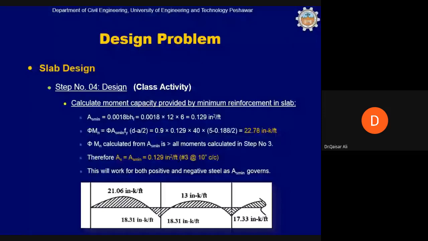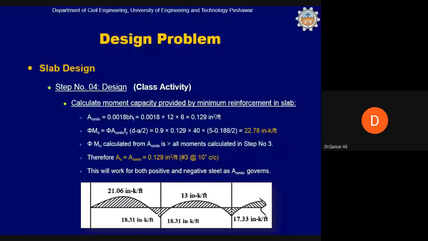If it is more than this, if you remember, in the last lecture we did a case study, and when the slab length increased to 15 feet and 20 feet, then the thickness of the slab also increased up to 8, 9 and 10 inch. So it depends on the slab length.